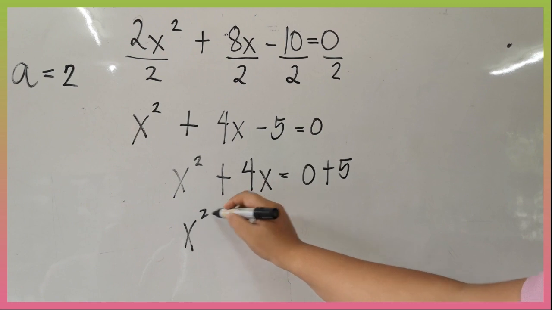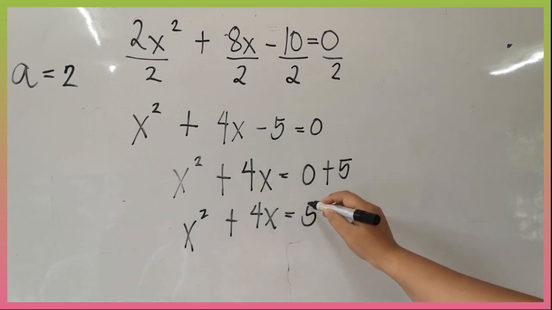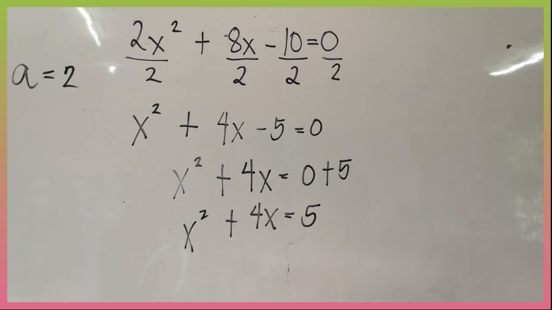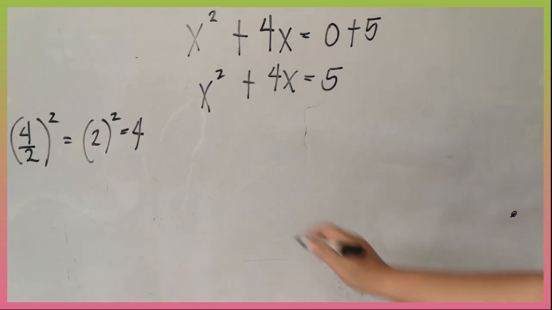We have x squared plus 4x is equal to 5. We need to make our left side of the equation a perfect square. So you have 4 divided by 2 squared is equal to 2 squared is equal to 4. We will add 4 to both sides of the equation.